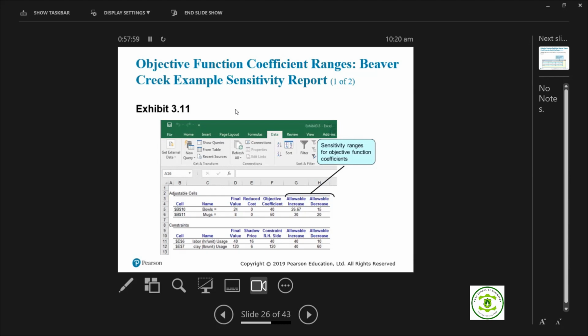The allowable increase means that this objective function coefficient can increase by 26.67, and the solution will still be optimal.